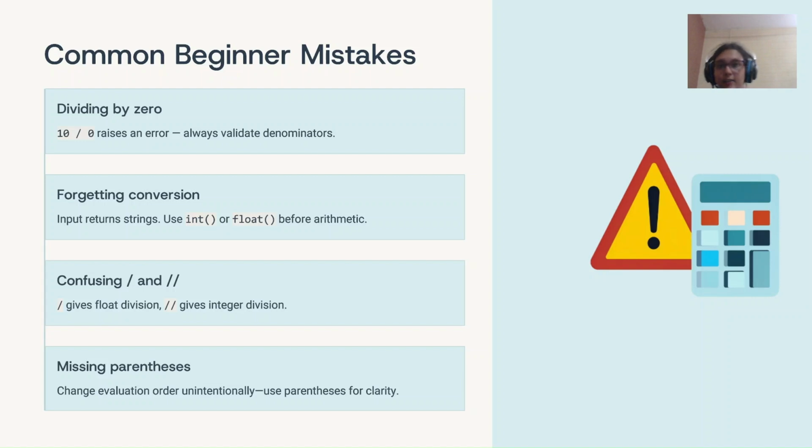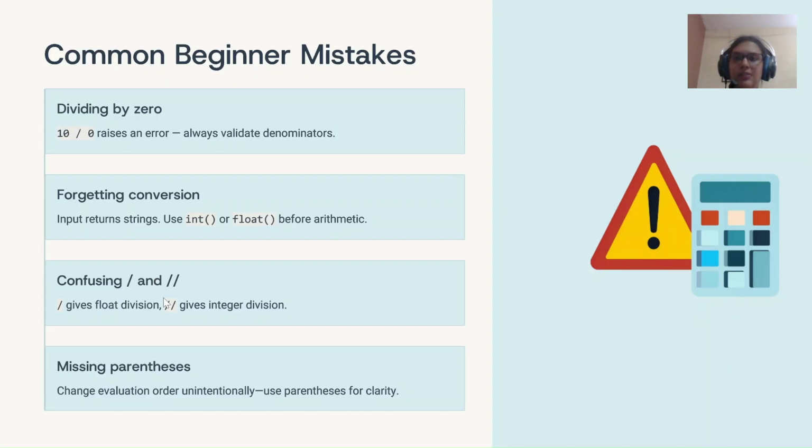Then obviously forgetting conversion, as I have been telling you from the beginning: if you take an input, you have to convert it into int or float. Otherwise, it just takes it as a string, right? If you're taking a number for input. If you're taking a string for input, then obviously it doesn't matter if you want a string. So you have to use int or float before you use arithmetic.